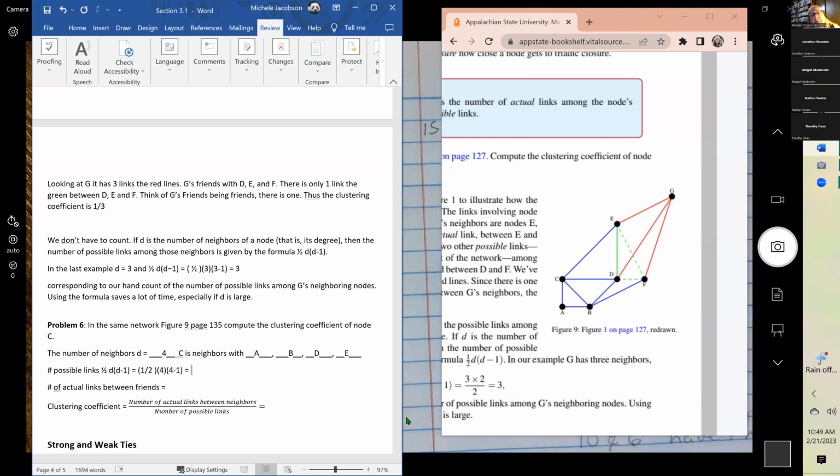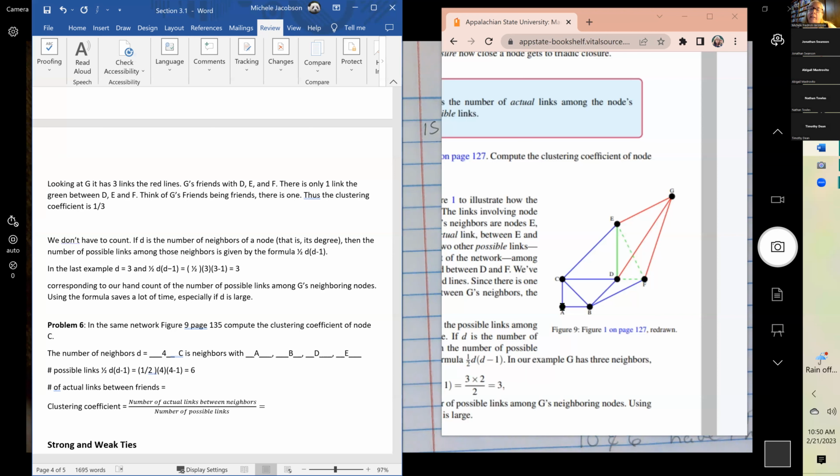Are we getting 6? So the number of possible friends of his friends is 6. Any questions on that? So we know the possibility of 6, but how many really are there?